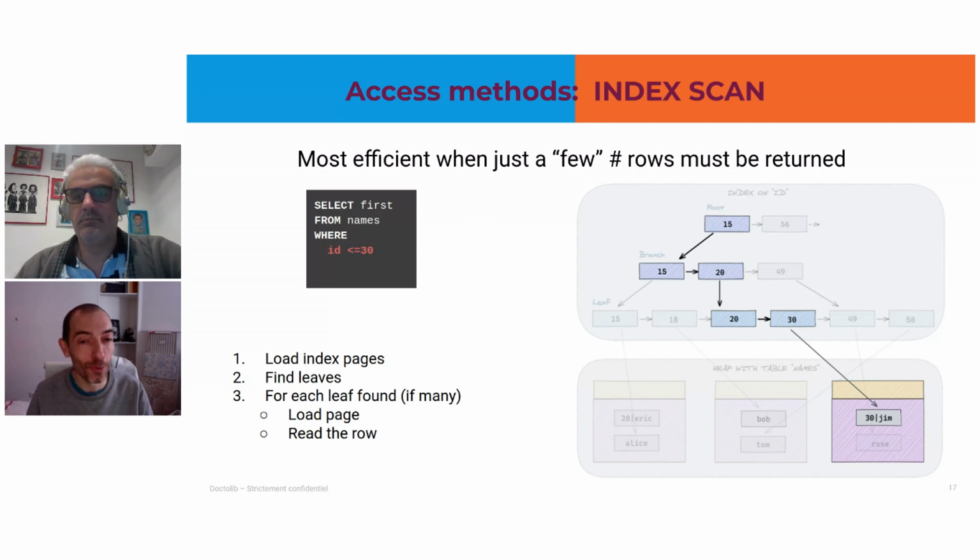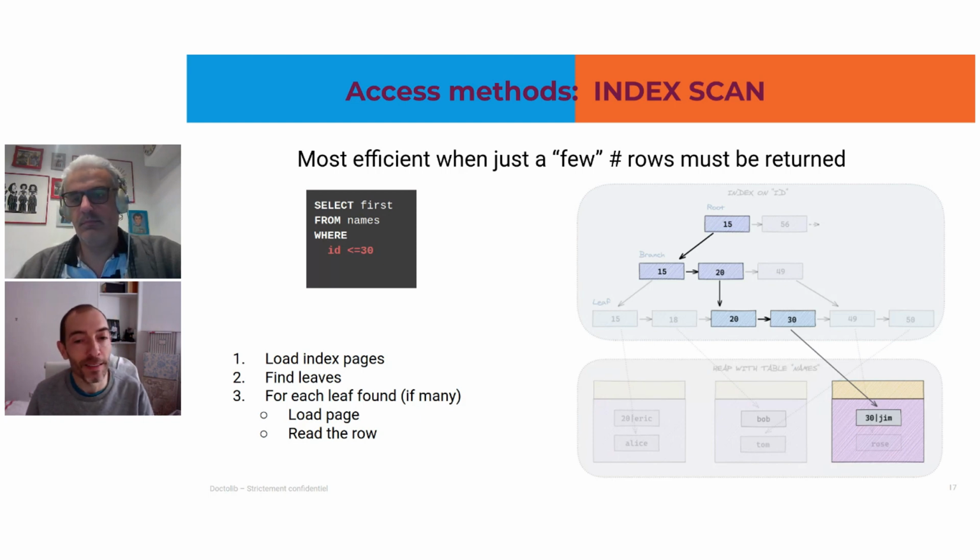Then we go to the branch level, and we know that 15 is lower than 30, so we just go to the next node, which is 20. But the next after 20 would be 49. So we know that we can go down to the leaf level, and from that level we can easily find 30.